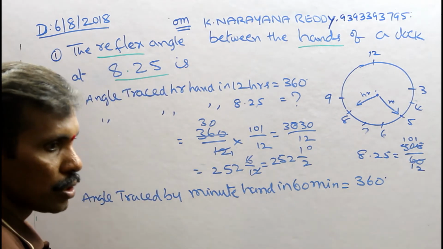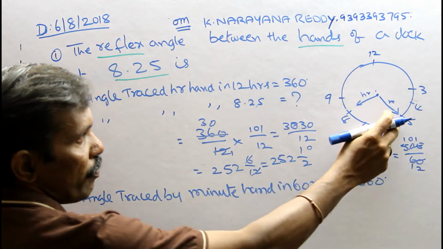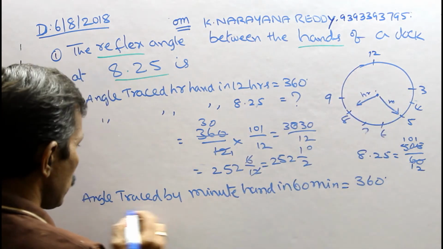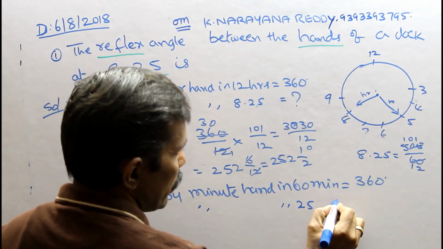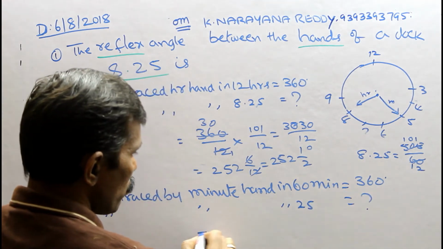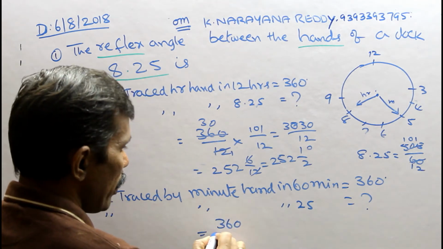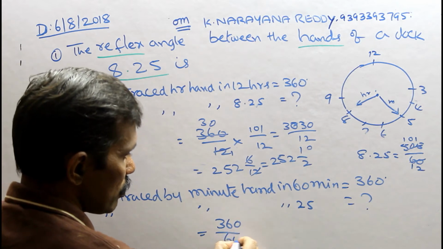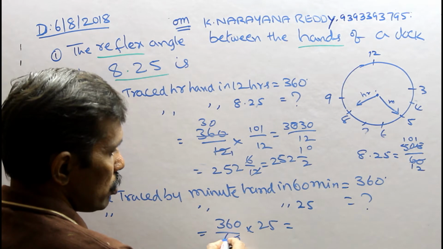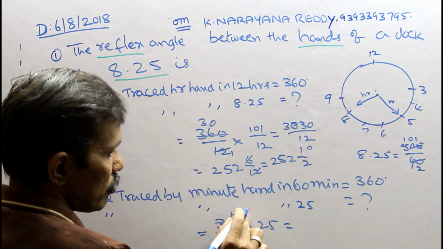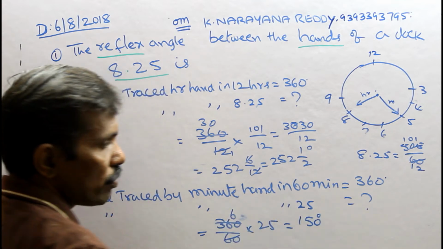Okay, so the angle traced by the minute hand in 25 minutes, from here to here. 25 minutes equals how much? 360 divided by 60 into 25. That equals 6 into 25, that is 150 degrees.